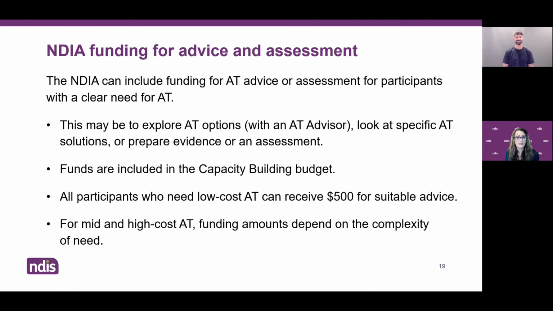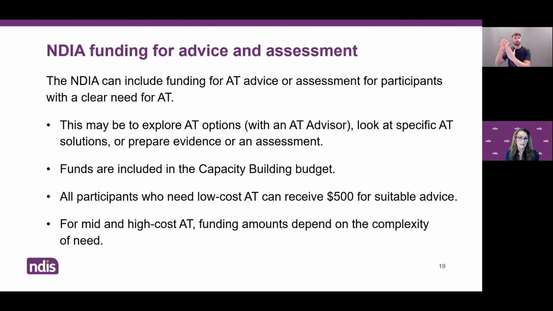The NDIA can include funding for AT advice or AT assessments for participants with a clear need for AT. Now, this may be to explore AT options or to look at specific AT solutions, or it could be to prepare evidence or an assessment.